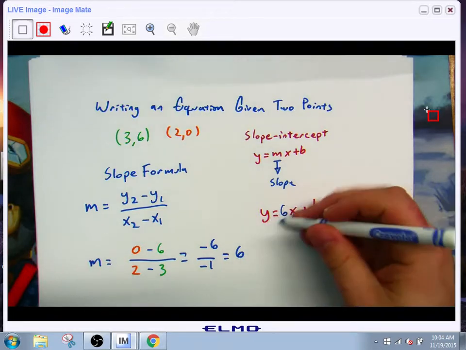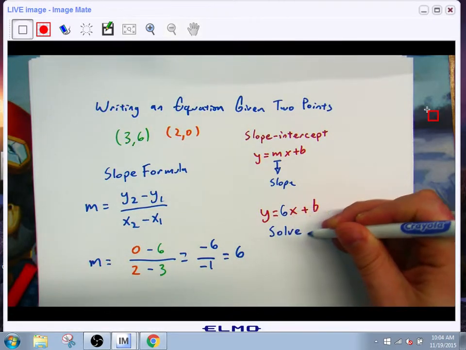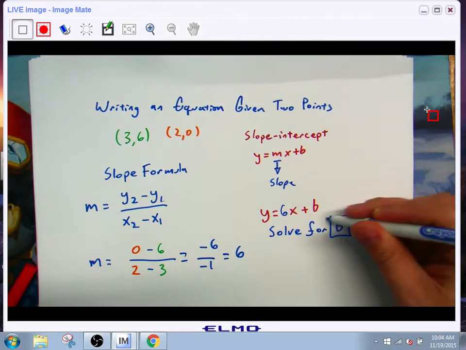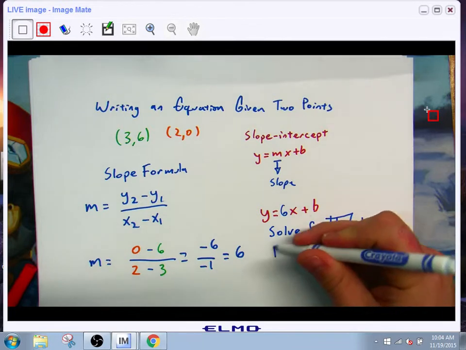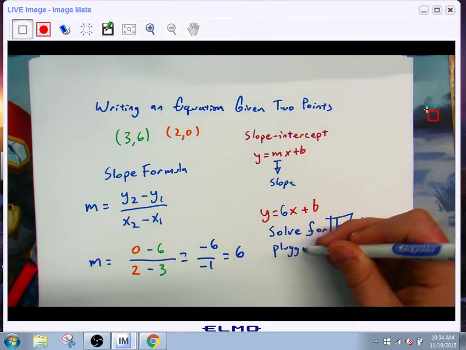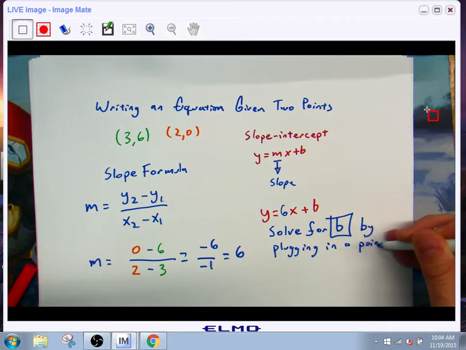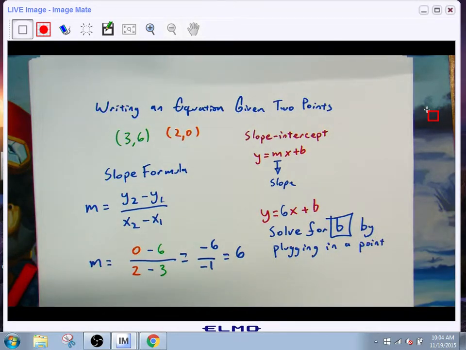So I can solve for my b by plugging in a point. And I want you guys to write this down. Solve for b by plugging in a point. I'm going to pick the green point for no other reason than I wrote it first.